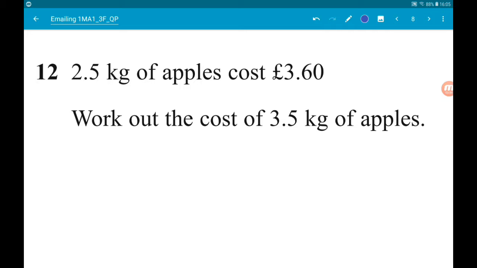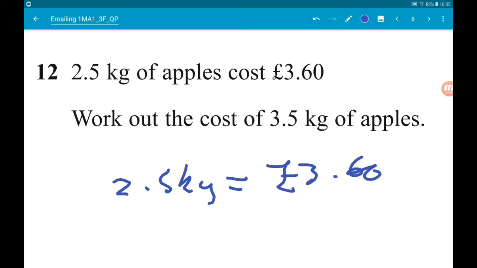Okay, so something that's very useful to spot here is that 0.5 kilograms goes into both 2.5 and 3.5.